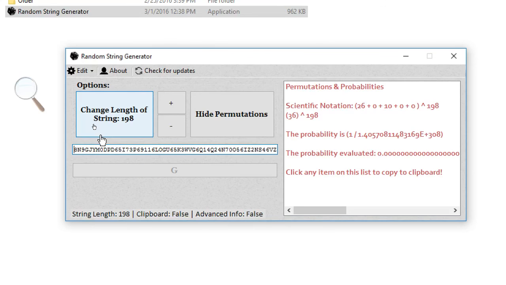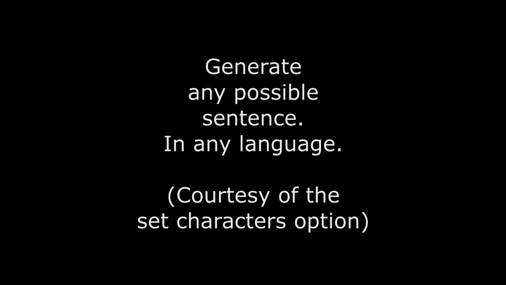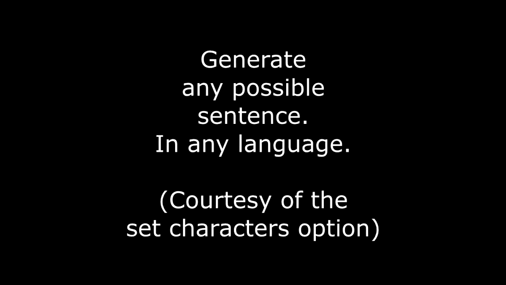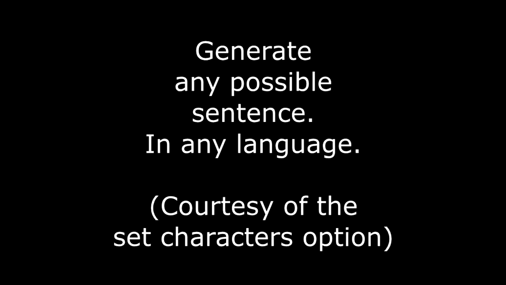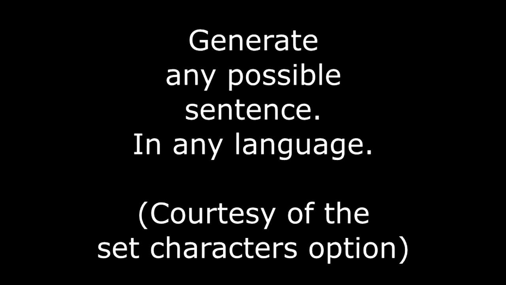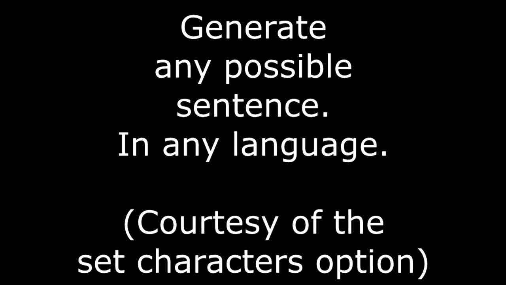Now, why do I bring up strings in this? It's that my program, guys, lets you alter the string length right in front of your face, and it immediately generates a new string, and it tells you the permutations, and you can see how much it blows up. You can theoretically, given any character length, generate every possible sentence, every possible arrangement of those characters ever.